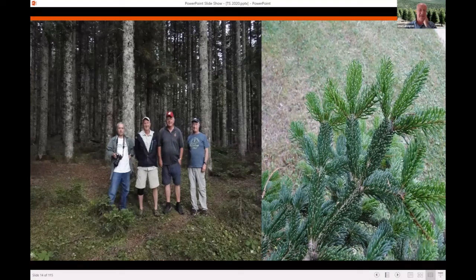And this is myself and Gary and Rick Bates and our host Kakha looking through this forest a year ago, trying to find trees that had good seed potential or good form potential for collection. Just a close up of some of the foliage.